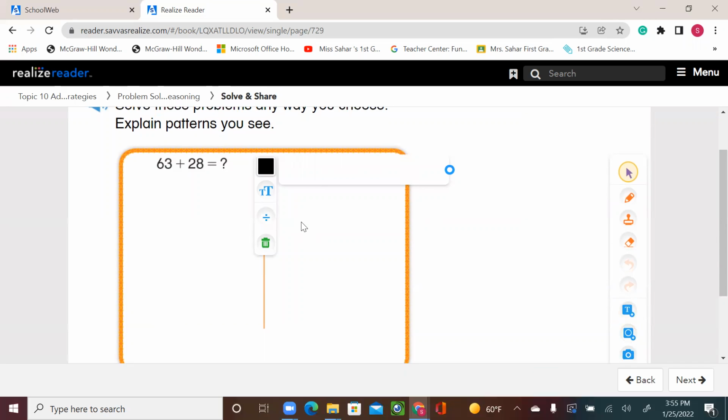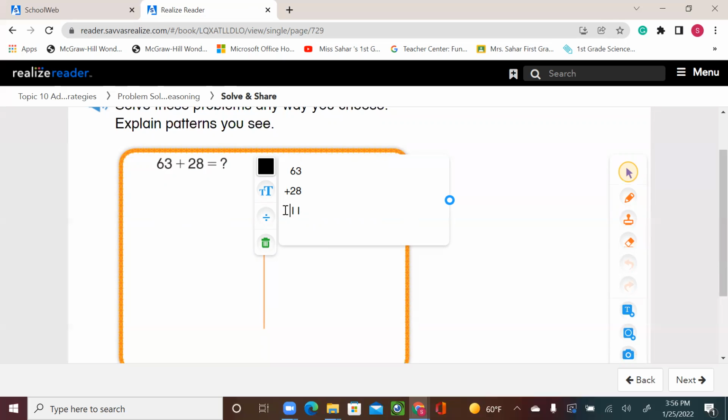So let's see what we have first. 63 plus 28. Okay, so I'm adding the ones. All right, so 8 plus 3 equals 11.